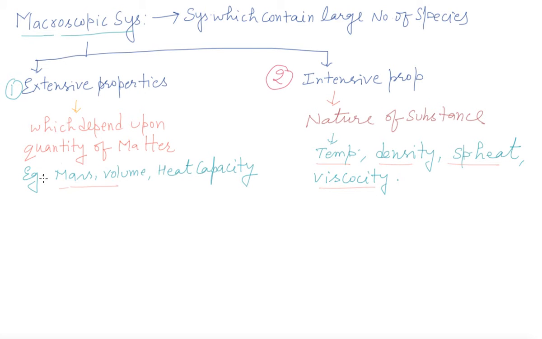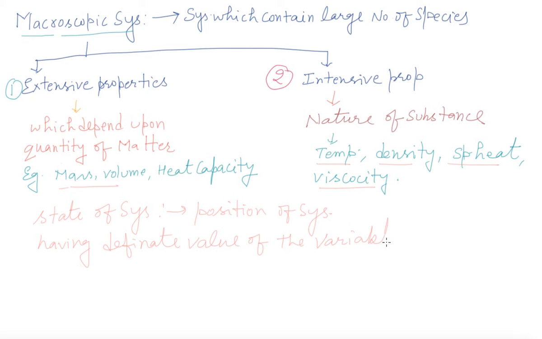Now the next point is the state of a system. State of a system means the position of the system, having definite values of the variables like pressure, temperature, and volume.